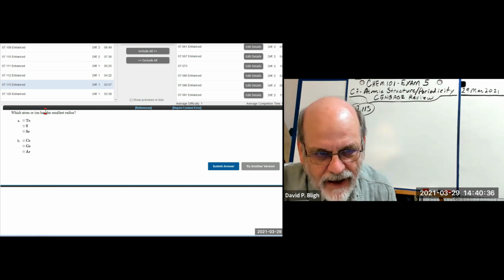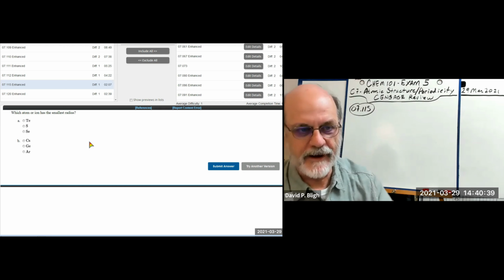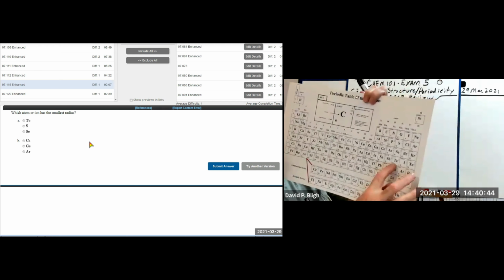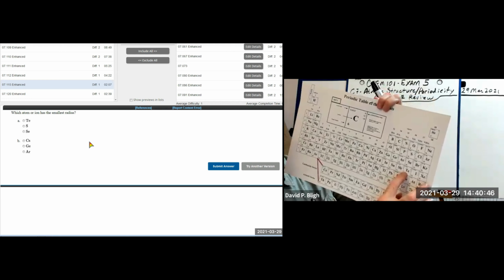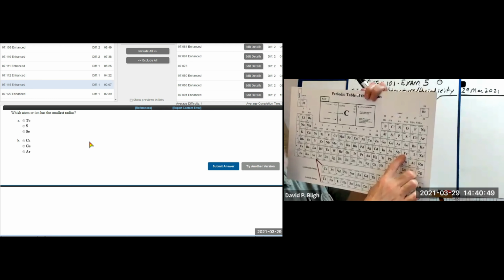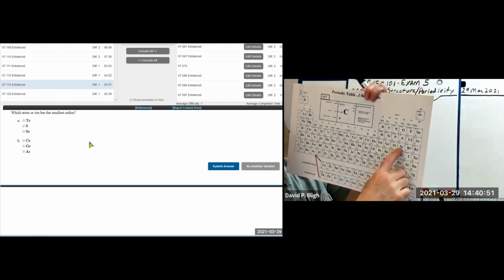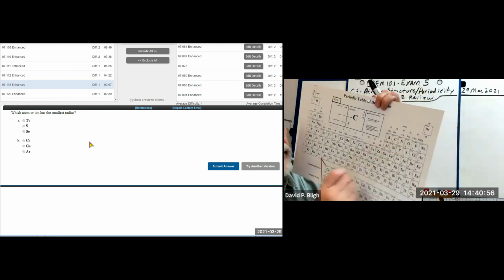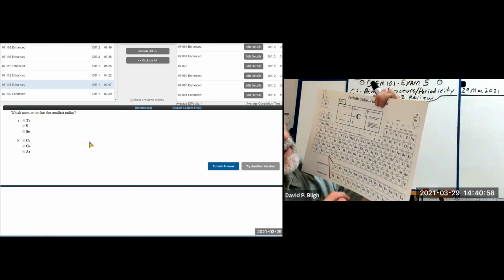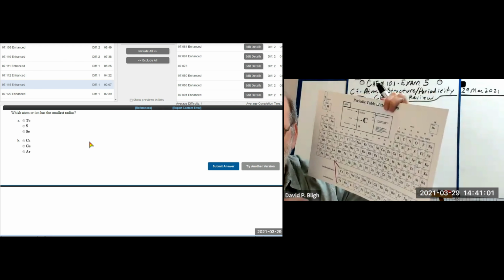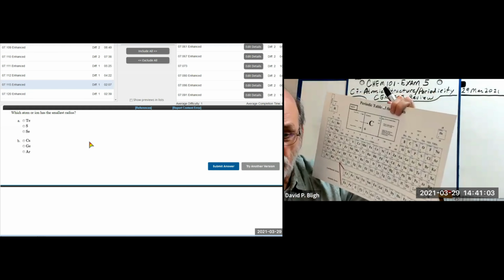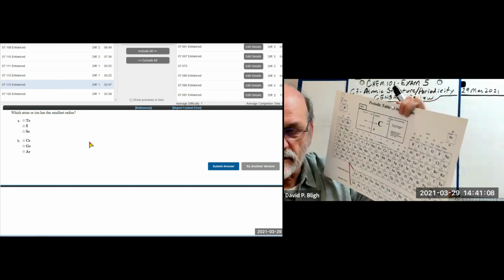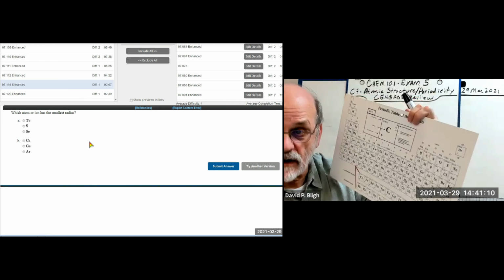Which atom or ion has the smallest radius? Okay, let's see what we're dealing with here. Tellurium's over here, right? So it'd be a fairly large atom. Selenium is here, and sulfur is there. Each one of these, when they ionize, their most common ion is going to be an addition of 2 electrons. So if you add 2 electrons to each one, it is going to get bigger.